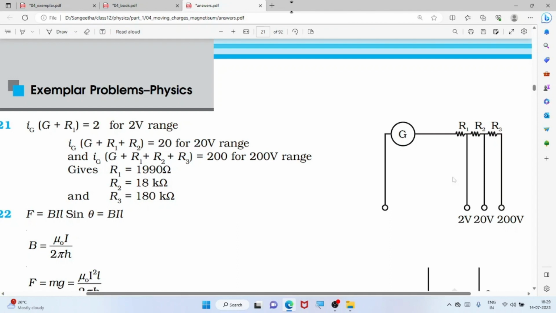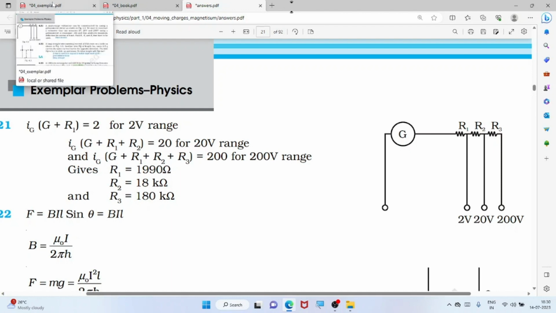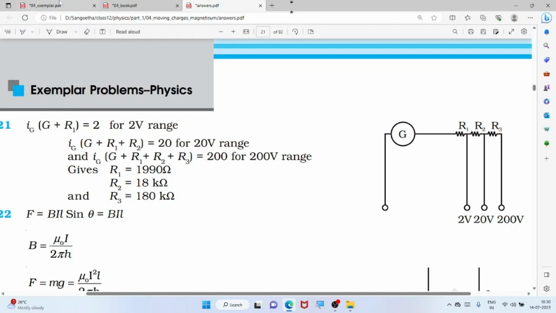When you include this resistance and the current, you should get 20 volts for the 20 volt range. When you include all the resistances, you get 200 volts. There are three equations and three unknowns, and you will get these values. Galvanometer resistance is 10 ohm.